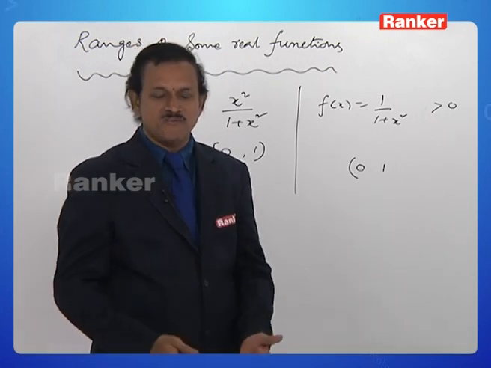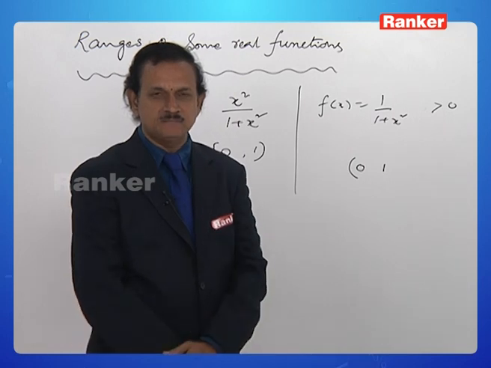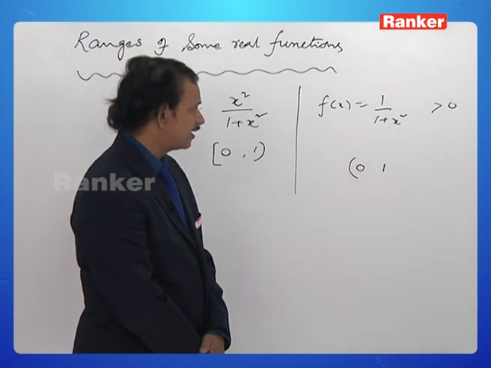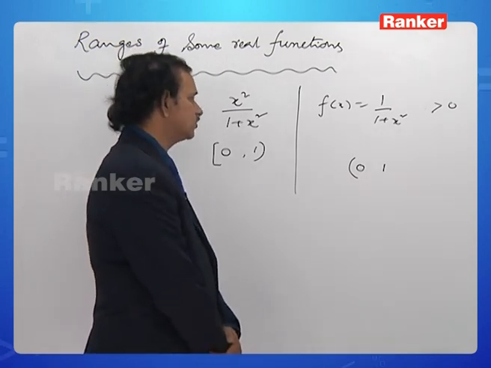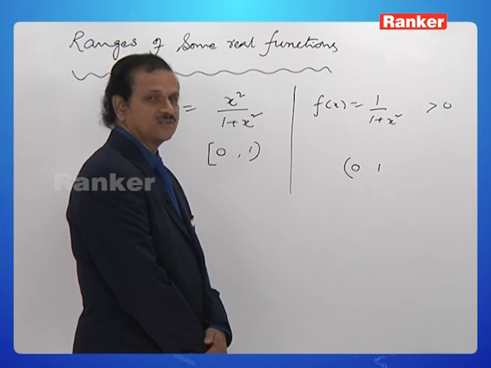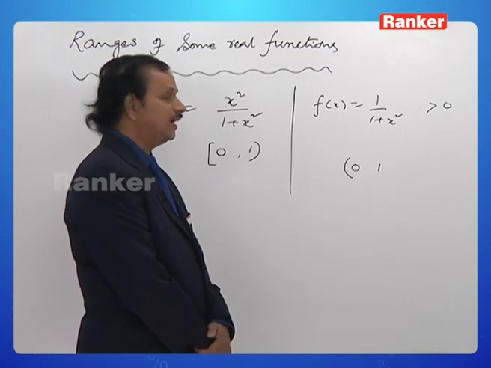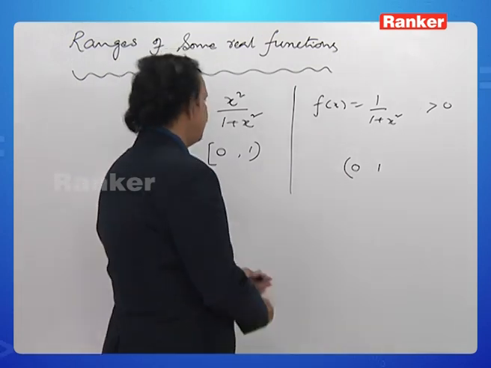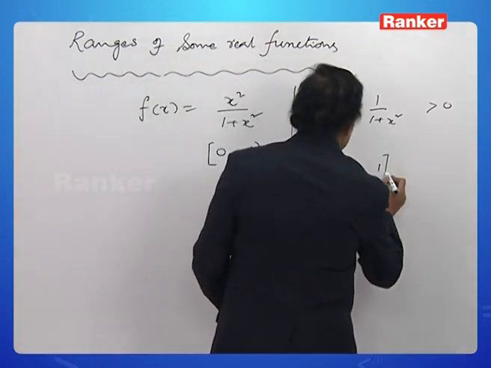Who told us? We could have imagined it. Yes, we have tested it. If at all 1 by 1 plus x square is 1, 1 is equal to 1 plus x square, cancelling 1, x square is equal to 0, x is 0, hence f of 0 is possible to become 1. Hence what is the range of this expression? Like this.